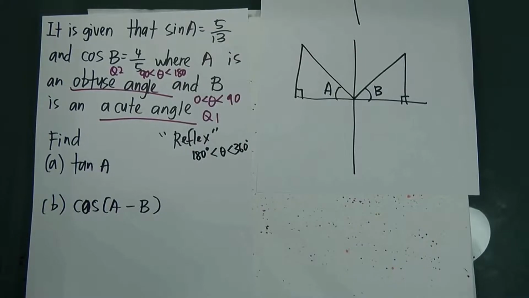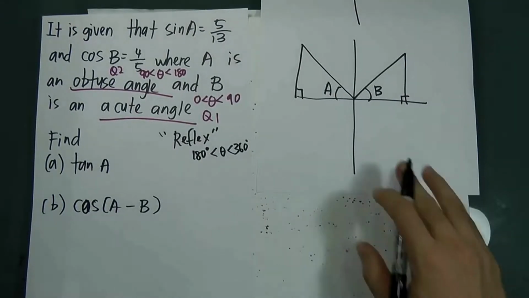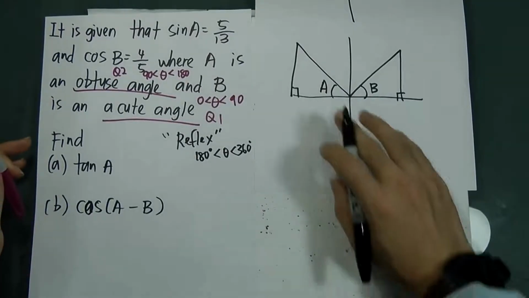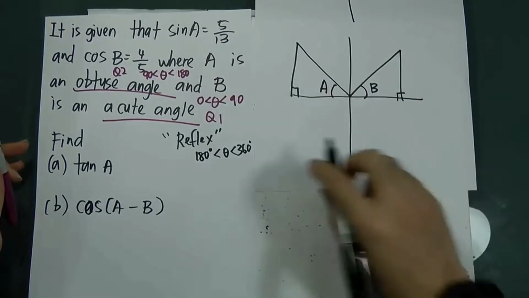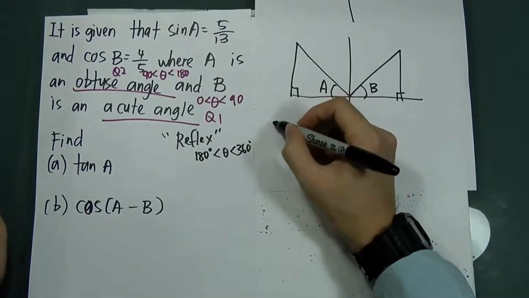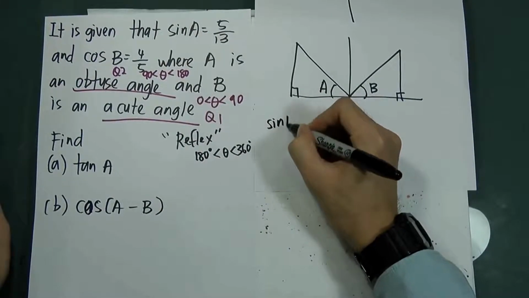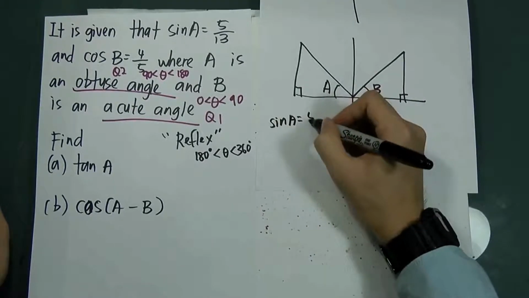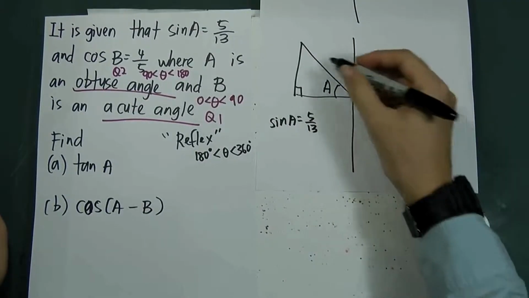This is very, very important in the trigonometry chapters, especially for MX students. Now, he gives us some very important information: sin A equals 5 over 13. This is A, right?